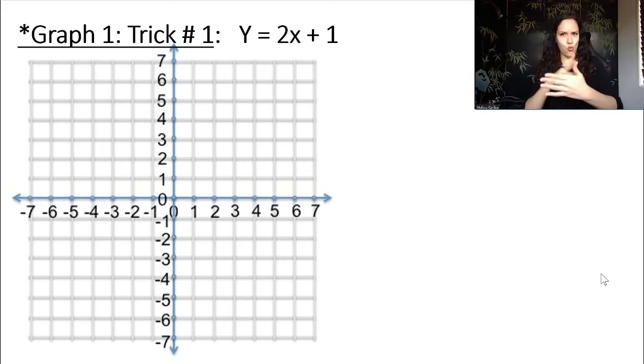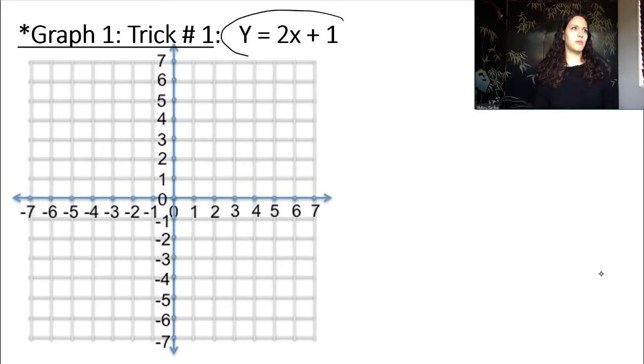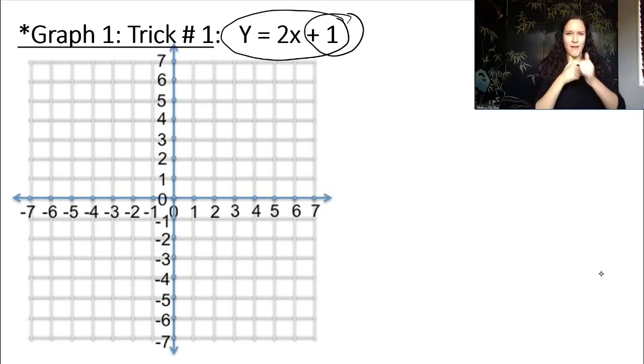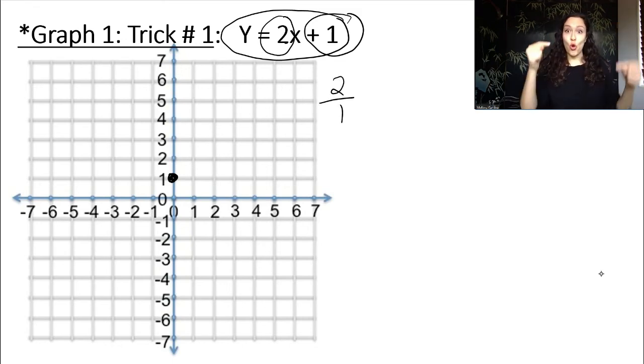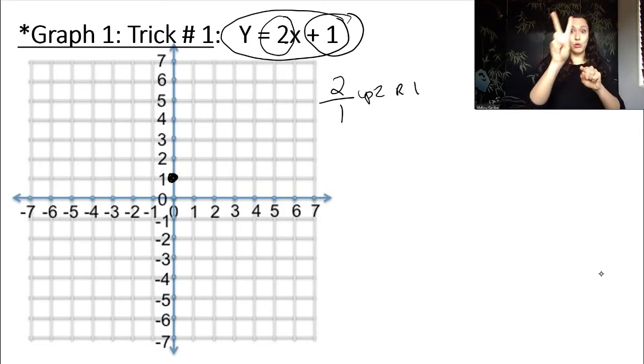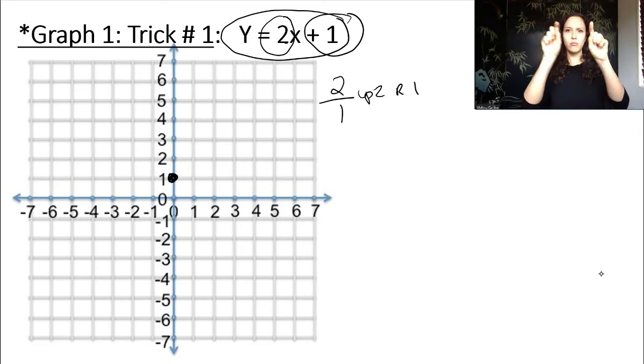Okay, so I have this graph, y equals 2x plus 1. According to the trick, I need to do my y-intercept first, then my slope. So my y-intercept is positive 1, so I'm going to put a big dot on positive 1. And then my slope is 2, so I'm going to make it a fraction. Okay, so up 2 to the right 1. Use little notations if you want.